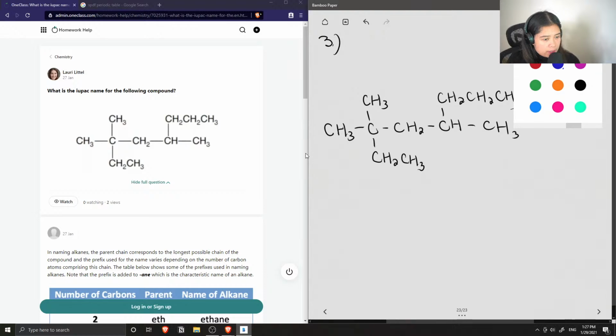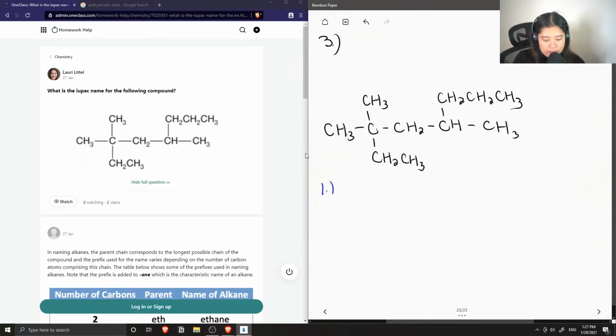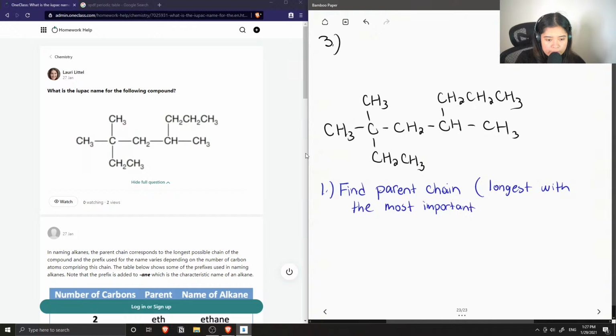And when naming these types of compounds, the first step is to find our parent chain. To find your parent chain, we basically want the longest chain with the most important groups.